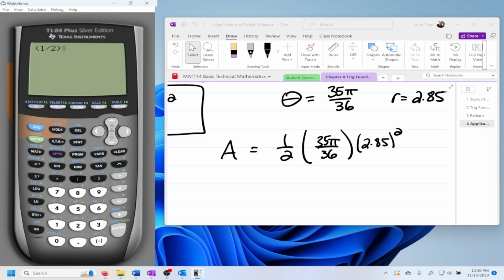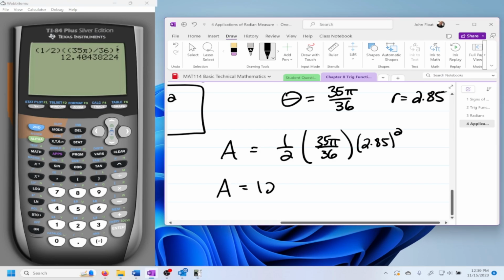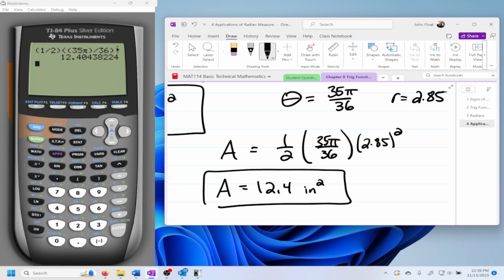So 1/2, and then we have 35 pi over 36. And then we have 2.85 squared. So the area would be 12.4. We'll just call it 12.4 square inches, because remember, area is inches squared, or better yet, square units.